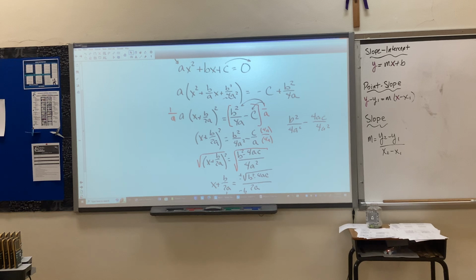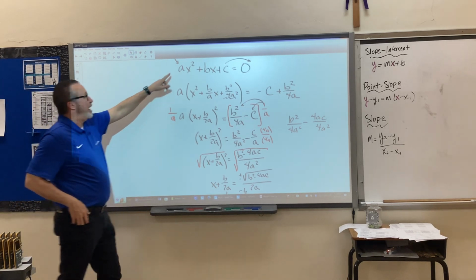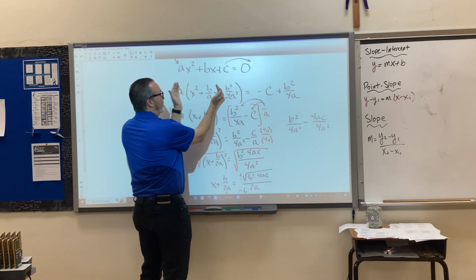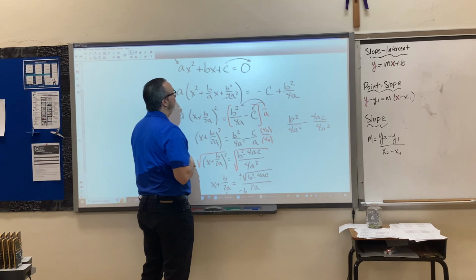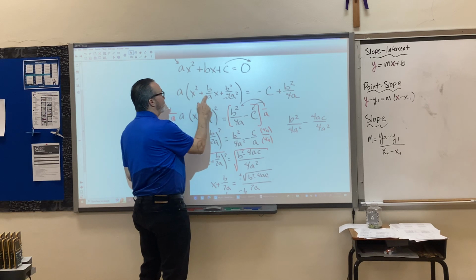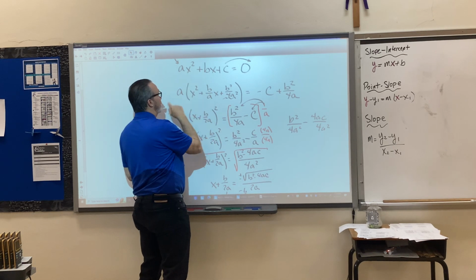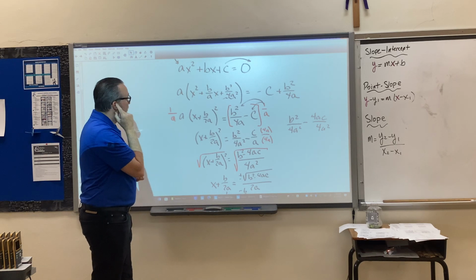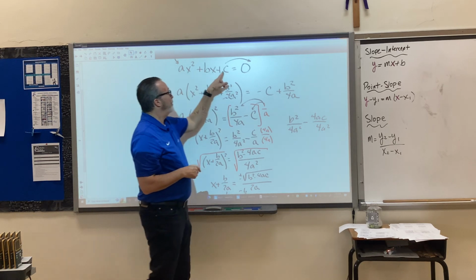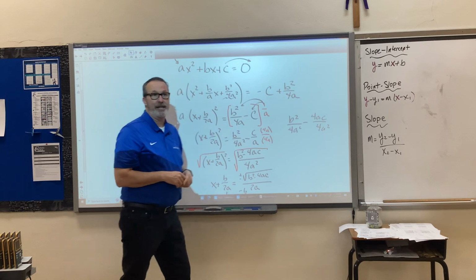Here's the deal. You factor out the a from the two terms with x's, right? And that's why you have x squared and b over a x, because if you redistribute this just to those. And then you move the plus c to the right side, minus c.